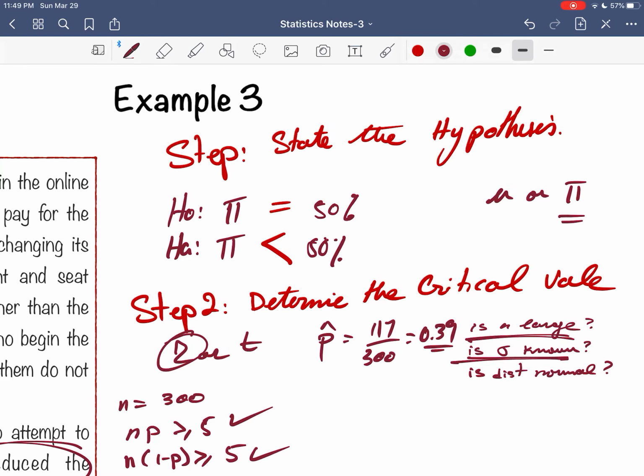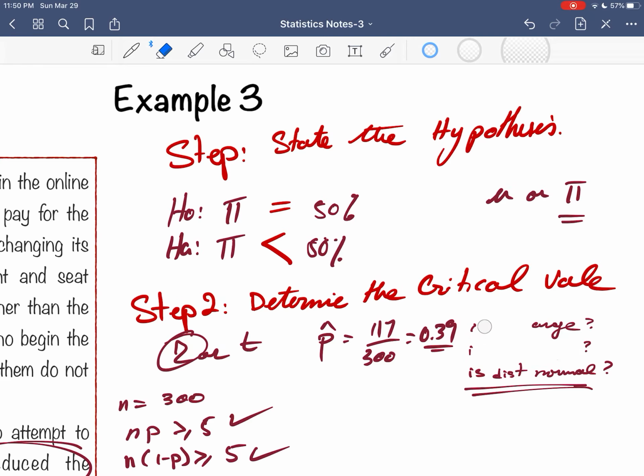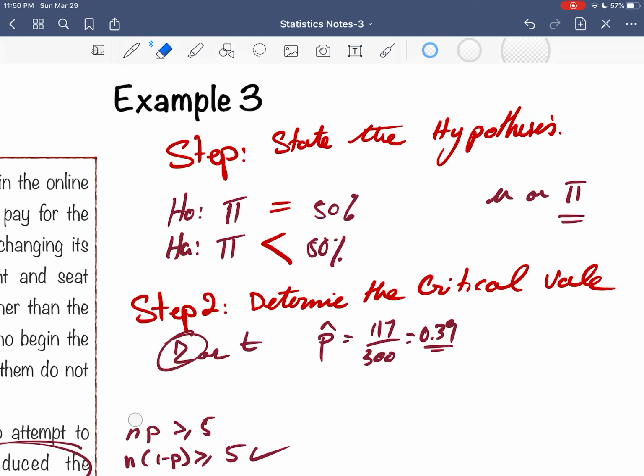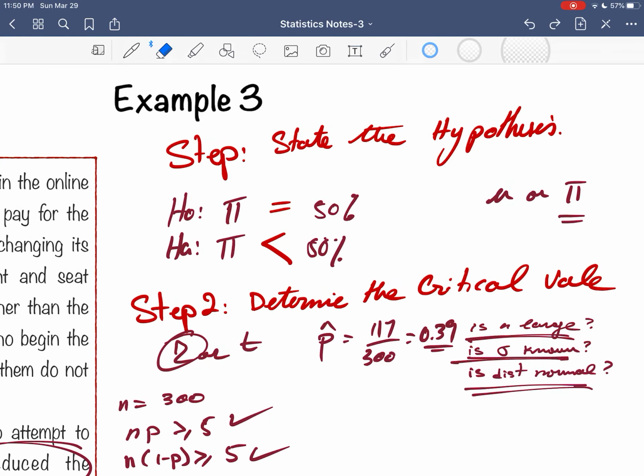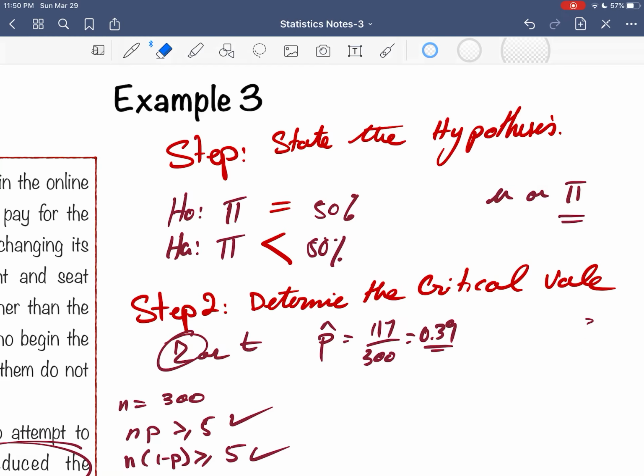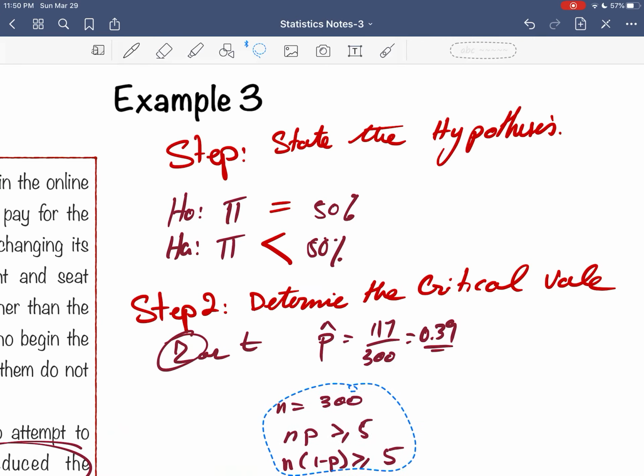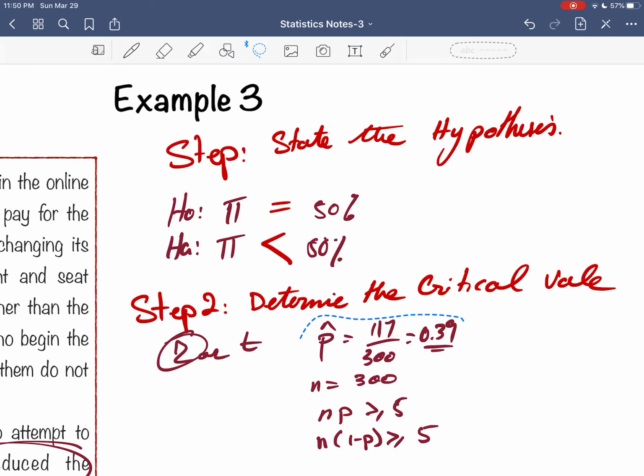We don't know sigma, that's fine, because we still have a large sample size, and that large sample size also allows us to assume normality with respect to the distribution. So now I know that I need to use Z, and what I'm going to do here is I'm going to erase all of this, and I'm going to keep these and put them all in one shot.